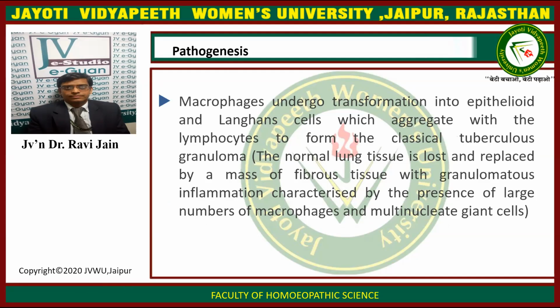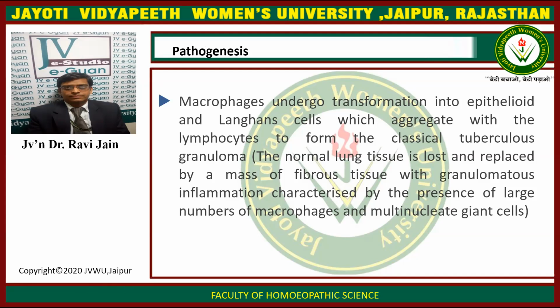What is the pathogenesis of tuberculosis? The macrophages undergo transformation into epithelioid and Langerhans cells, which aggregate with the lymphocytes to form the classical tuberculous granuloma.